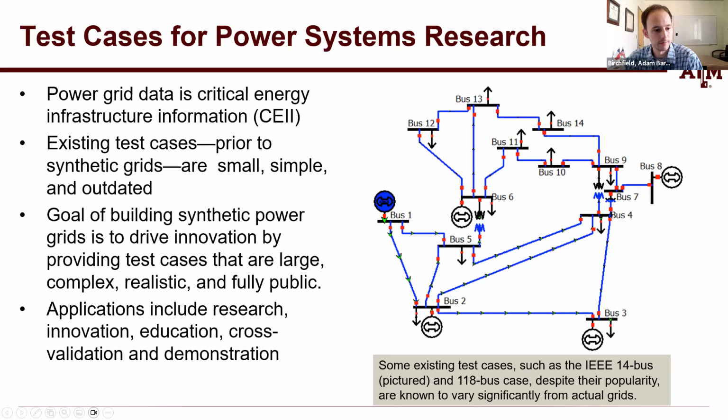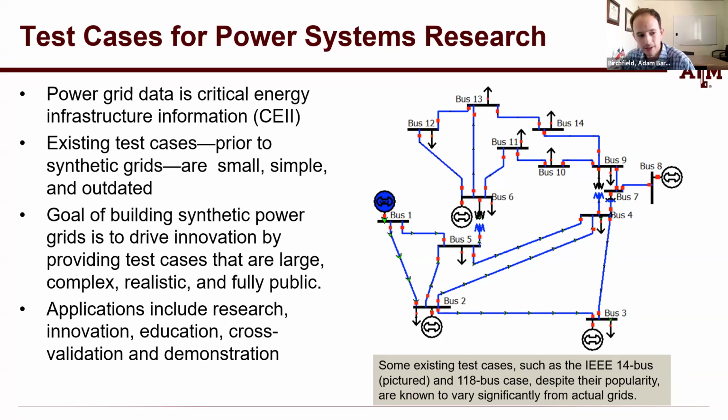A lot of these were designed and created in something like the 1960s, 1970s, and they originally came from some kind of approximation or aggregation of real U.S. electric grid models. These have served our community very well over many decades.